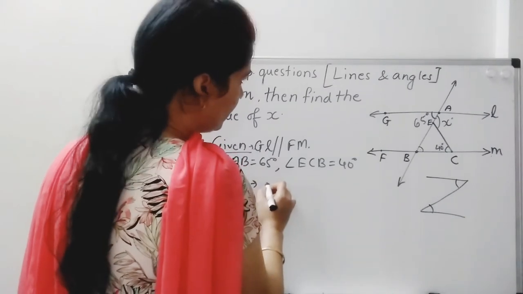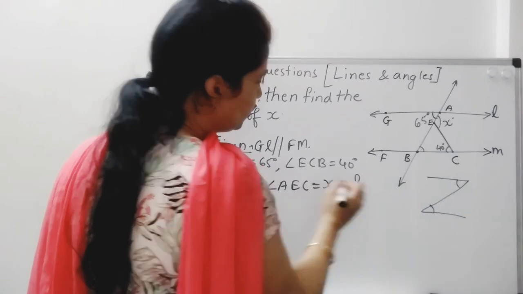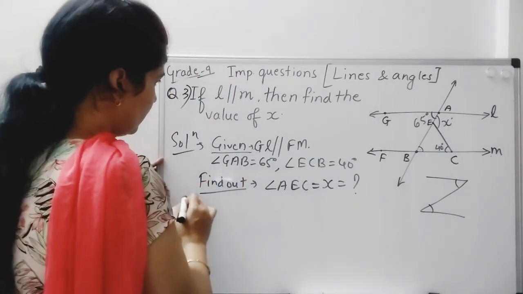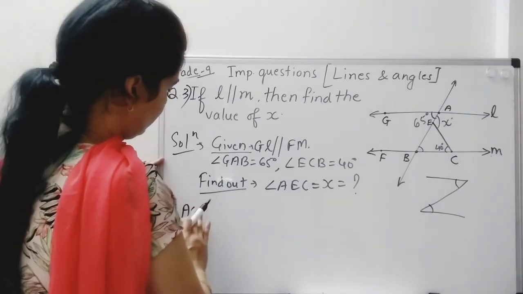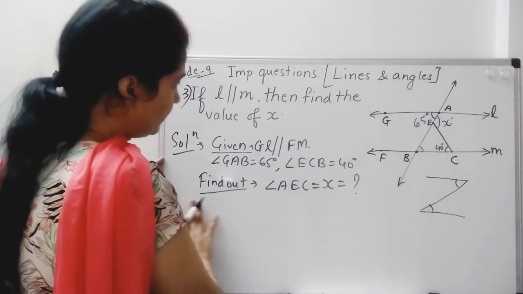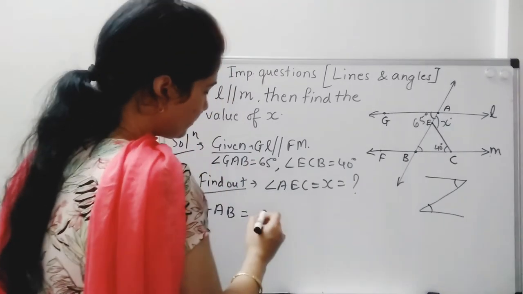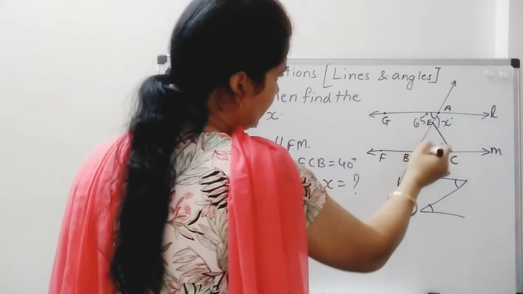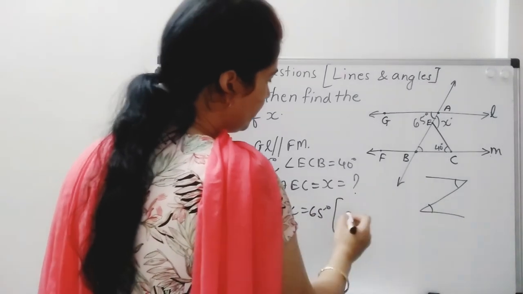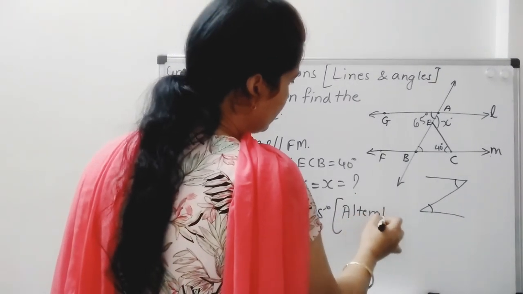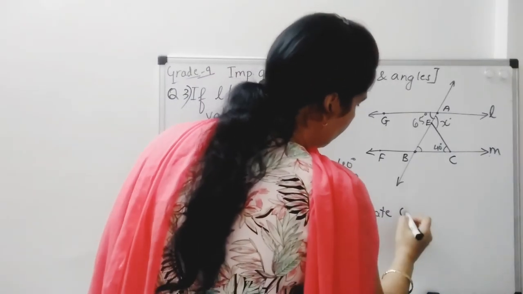Angle AEC we have to find out, angle AEC is equal to x, that is the question. Okay, so we will solve as, or we can write angle GAB is equal to angle EBC is equal to 65. Why? Because they are alternate opposite angles, like this, alternate opposite angles.